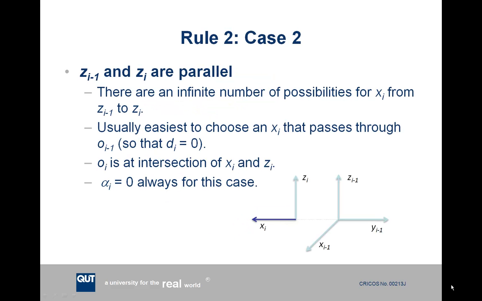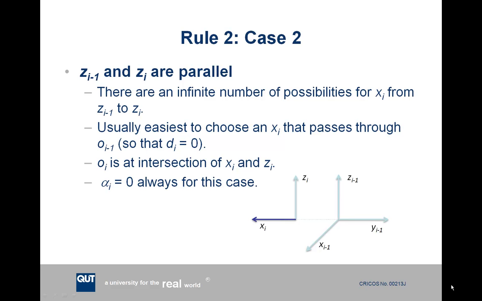The second case when you're applying rule 2 is that you might have two Z axes which are parallel, like in this diagram. So in this diagram they're both pointing in the exact same direction. In this case you could set Xi to any one of a number of possibilities, but you want to make your job as easy as possible, so usually your best option is to choose an Xi axis that passes through the previous reference frame origin.